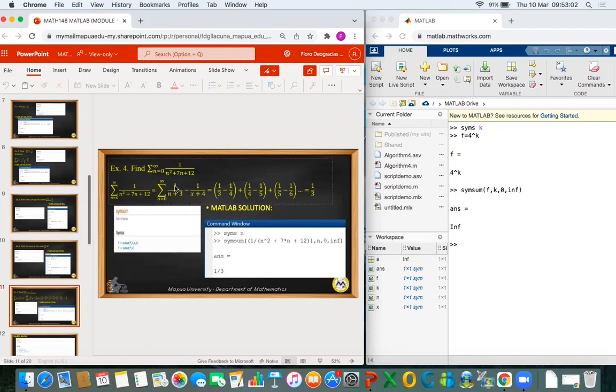And from here, we can now generate some terms in your series starting with n equals 0. So what will be your first pair? 1 over 3 minus 1 over 4, right? Plus your second pair, when n equals 1, 1 over 4 minus 1 over 5. Okay? When n equals 2, 1 over 5 minus 1 over 6. And so on and so forth.